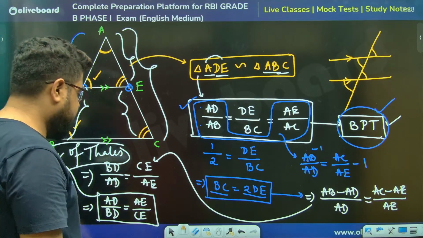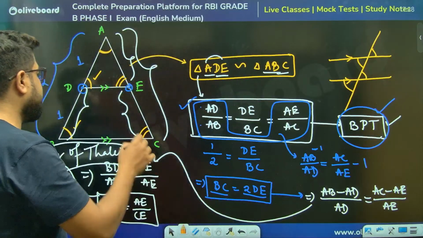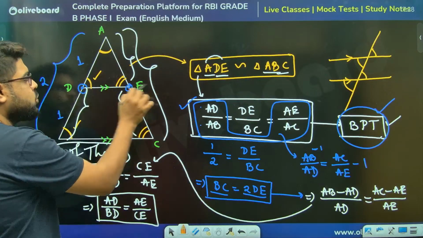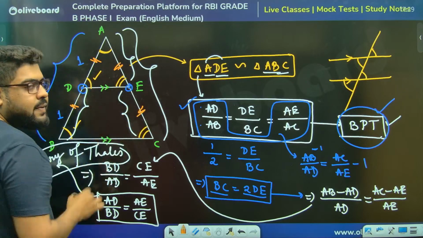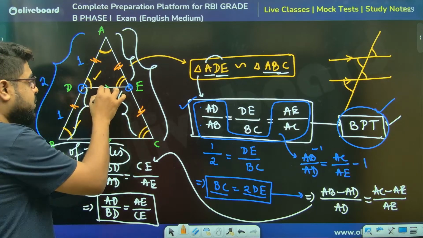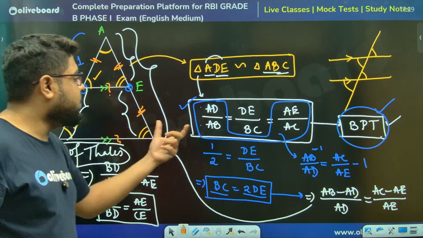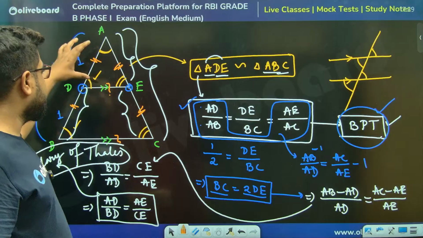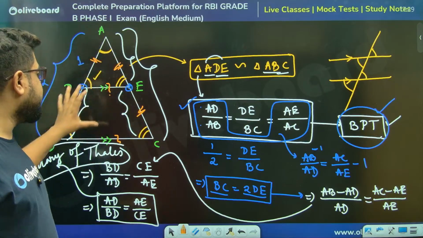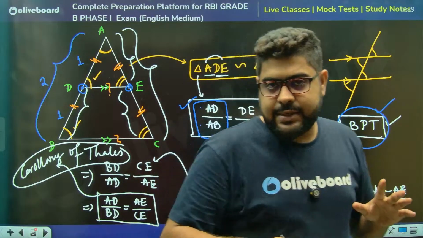Meaning, if any line which is parallel to the base cuts these two sides, then this by this is equal to this by this. But in that case, remember, you cannot take this by this. That can only be taken when you are taking the smaller triangle along with the bigger triangle. If you're only taking these two parts, you can only conclude that about these two vertical sides.